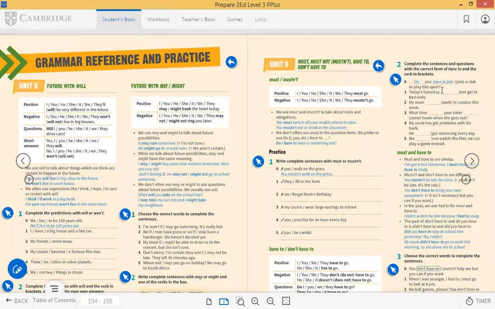Okay, let me write it. I don't have to go to bed early because it's Saturday. Okay, Saturday, the next day, no school. Great, hurrah, no school. So I don't have to go to bed early. Okay, did you already write it?